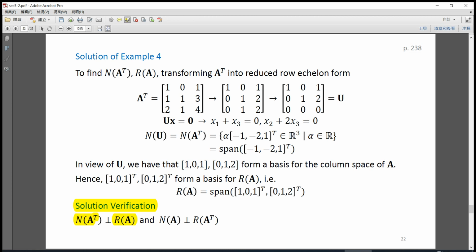In this example, (1, 0, 1)^T is in the column space of A, and (-1, -2, 1)^T is in the null space of A transpose, and the 2 vectors are orthogonal because their inner product is 0, and this is consistent with the fact that the column space of A and N(A^T) are orthogonal subspaces.